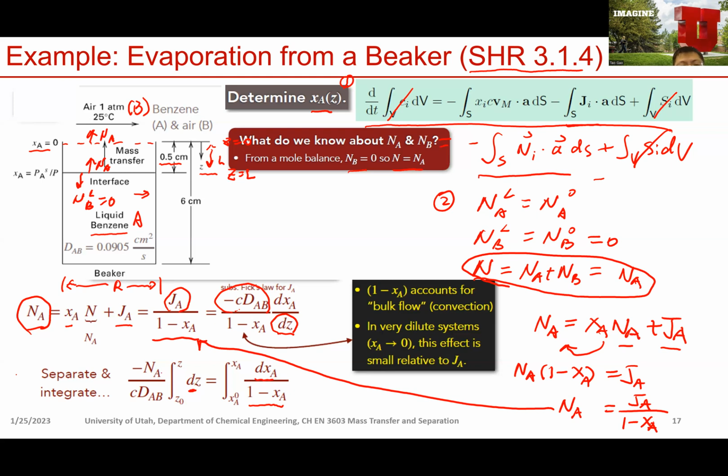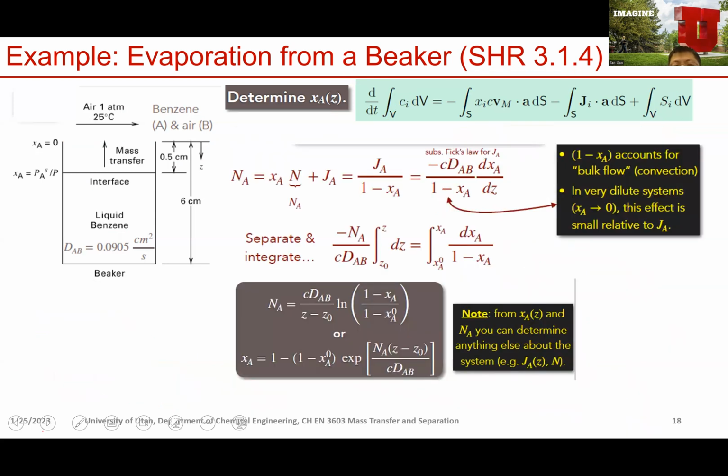Because these are constants, you can just take them out of the integral. Now, what is left is just to solve this integral. This will give us a constant, and this gives us the log of 1 minus xa.